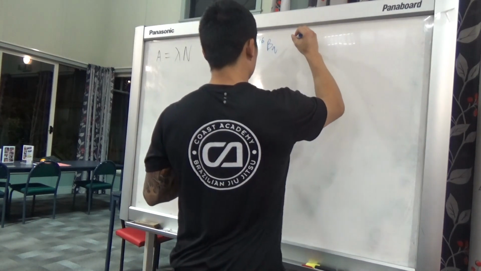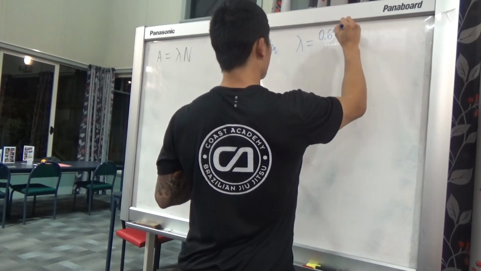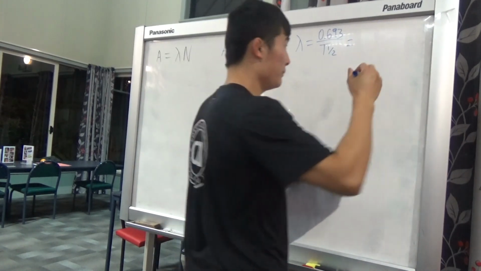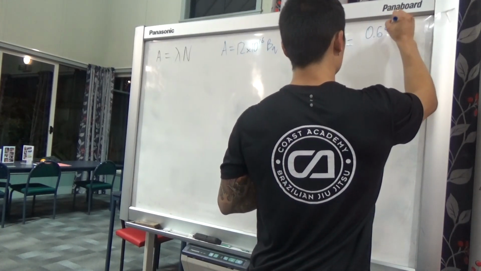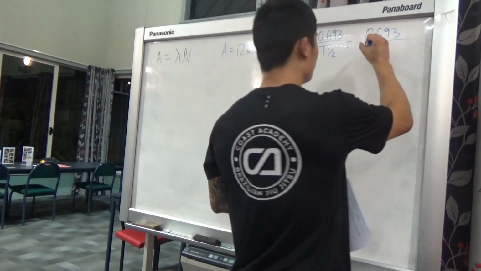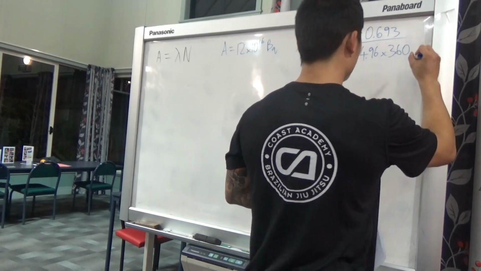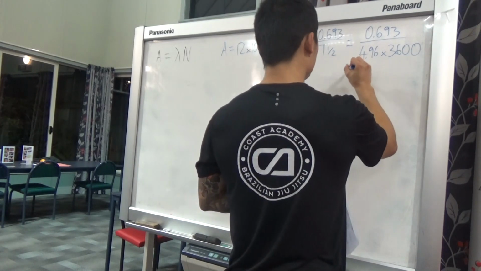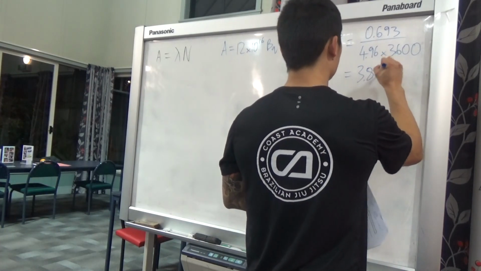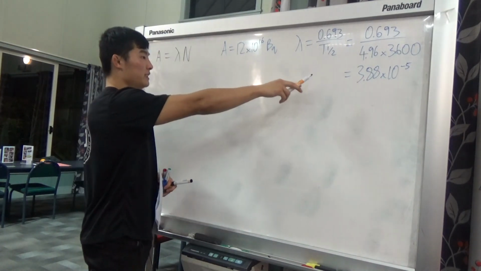We know that we can calculate the decay constant, so that's 0.693 divided by the half-life. And this time we want to turn that into seconds, so we need the half-life to be in seconds. So 4.96 times the number of seconds in 1 hour, which is 3,600, and that will give you 3.88 times 10 to the negative 5. So we have our decay constant.